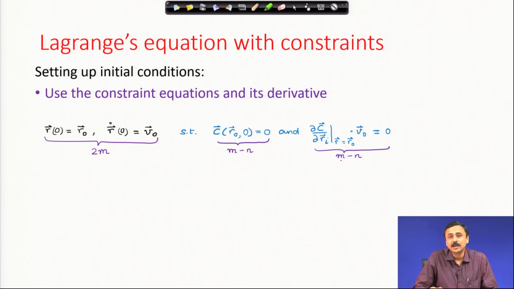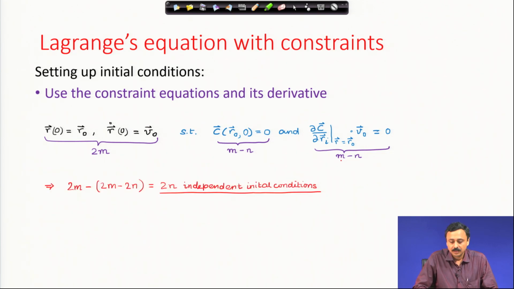These are additional m minus n relations. Therefore, we have 2m minus 2m minus 2n, the summation of this and this. So, 2m minus 2n. Therefore, 2n independent initial conditions.